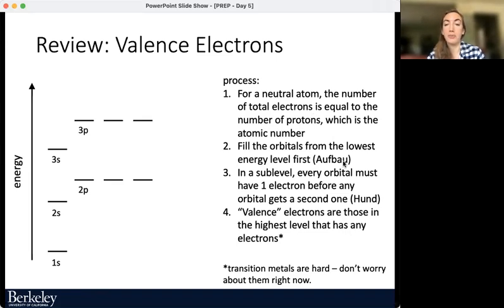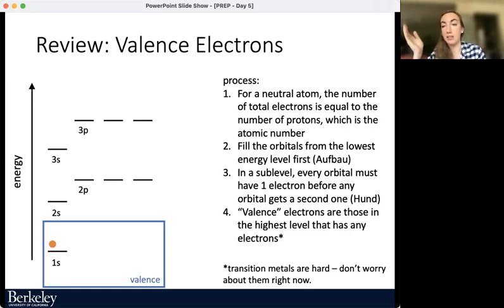So if we have an element with 1 proton, that would be hydrogen. It would have 1 electron, and that electron would go in the 1s orbital. Our first energy level is the highest energy level that has any electrons in it, so it has 1 valence electron. Helium has 2 protons and therefore 2 electrons.